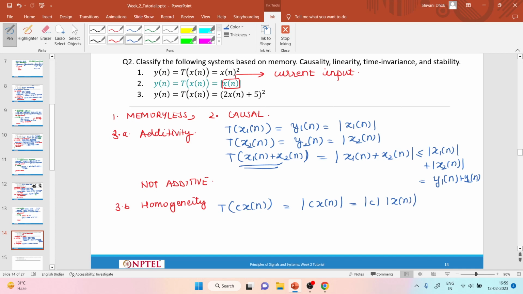Now one should note that this absolute value of c may not be equal to c if it is complex or if it is a negative value, and therefore this is not equal to c times y of n, and hence this is not homogeneous. And since it is not additive and it is not homogeneous, this is not linear.